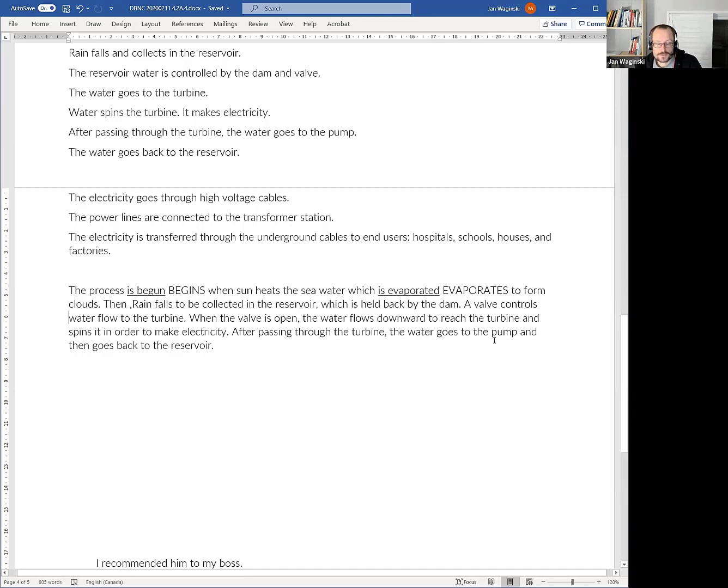We need some more specific language here. Yeah, it's more clear. So pump is both a noun and a verb, so that's not going to work. We don't want to say the pump pumps the water back to the reservoir, but what other verb could we use to describe what the pump is doing?